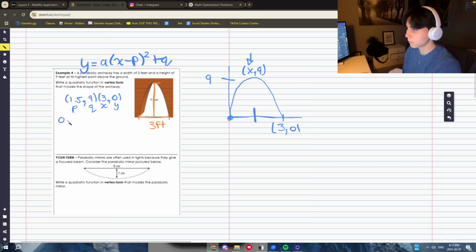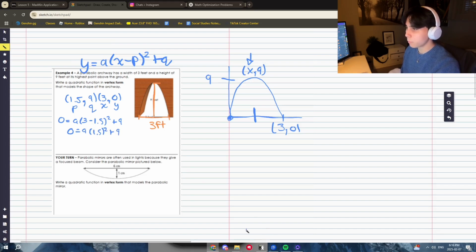So we have 0 equals a, x which we got as 3, minus our p-value, which is 1.5, squared plus 9. All I'm doing is just plugging it in there. So we get 0 is equal to a(3 minus 1.5, which gives us 1.5) squared plus 9.